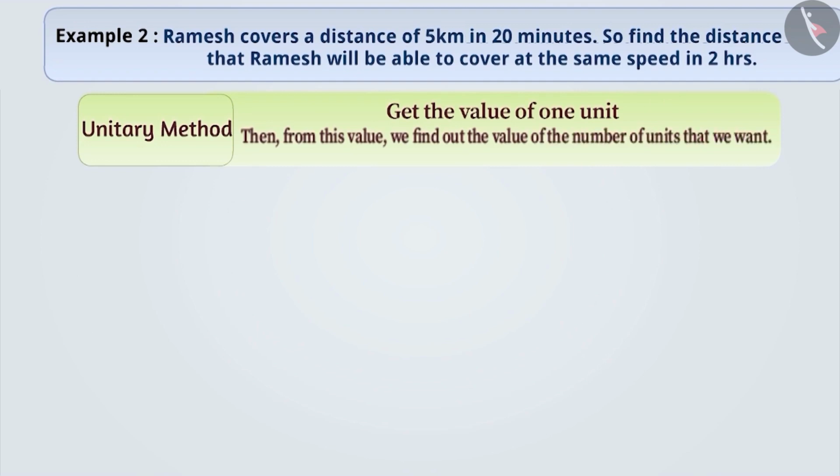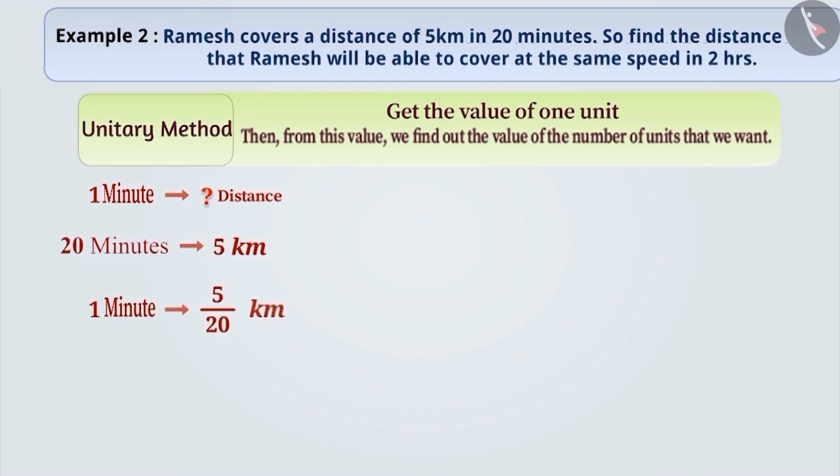To do this, first find out how much distance Ramesh covers in 1 minute. He covers a distance of 5 kilometers in 20 minutes. Therefore, in 1 minute he should cover a distance of 5 by 20 kilometers, that is, a distance of 1/4 kilometer. Now we have to find the distance he covers in 2 hours.